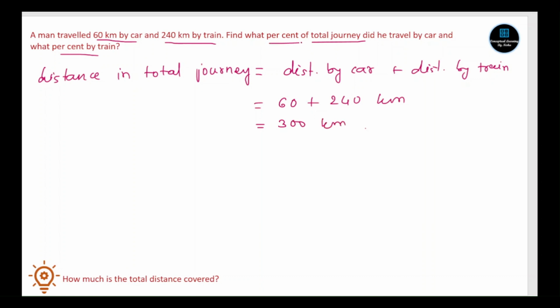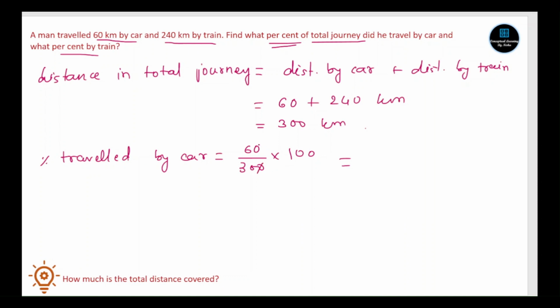And now we have to find the percentage. So percent traveled by car equals how much? 60 kilometers upon total 300. And now we have to find the percent value, so write multiplied by 100. Now simplify this. Before multiplying, always try to simplify to make your calculation easier.